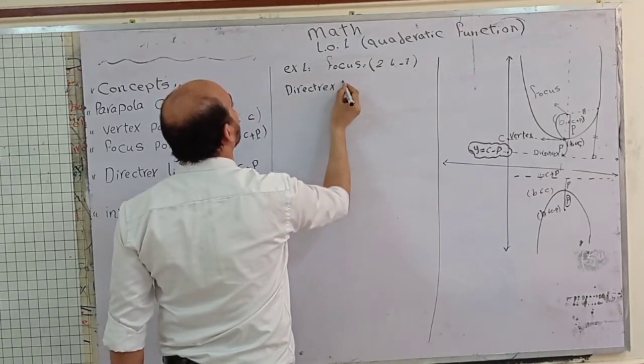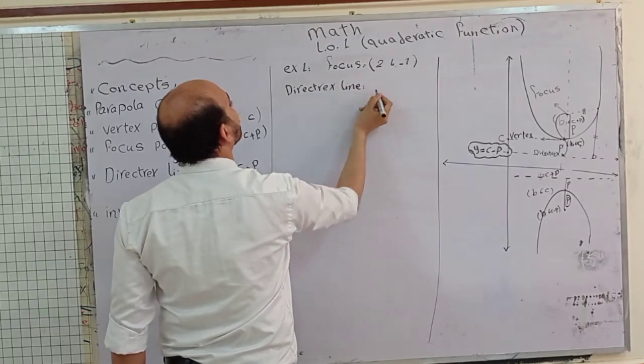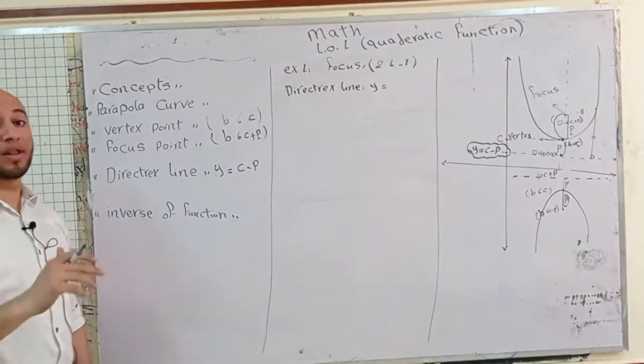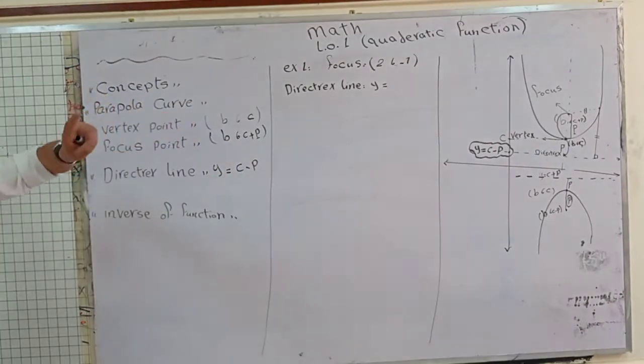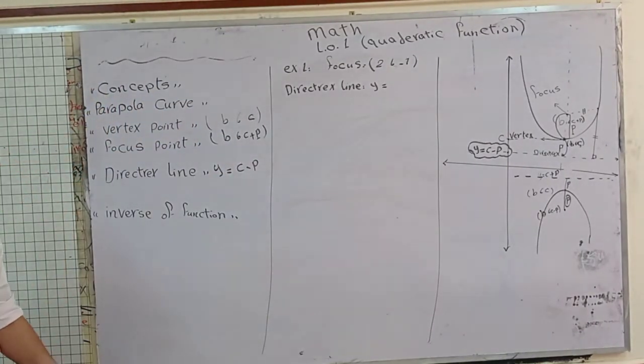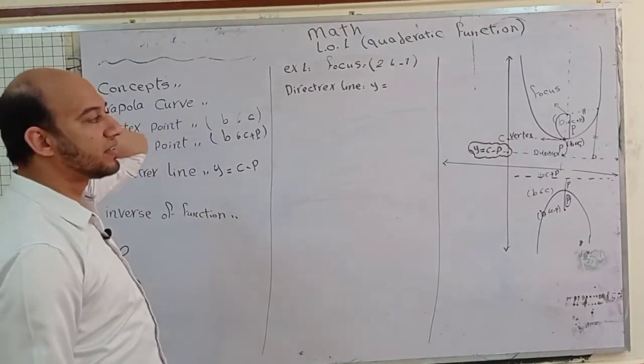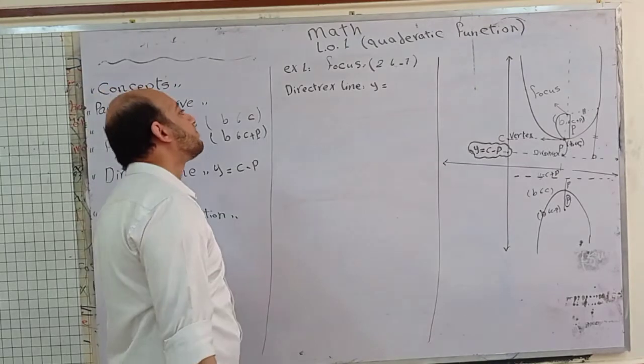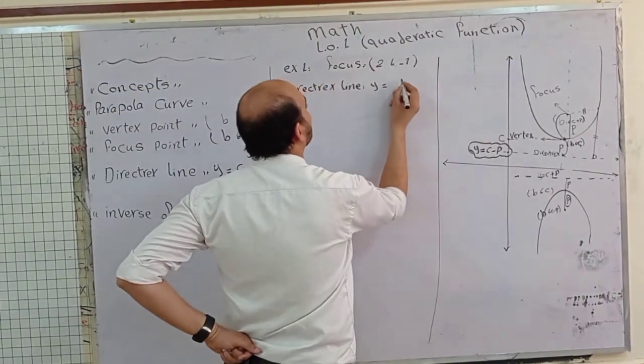The directrix line's equation is y equals, not x equals, because this is a function, not an inverse of the function. Directrix line y equals 3.